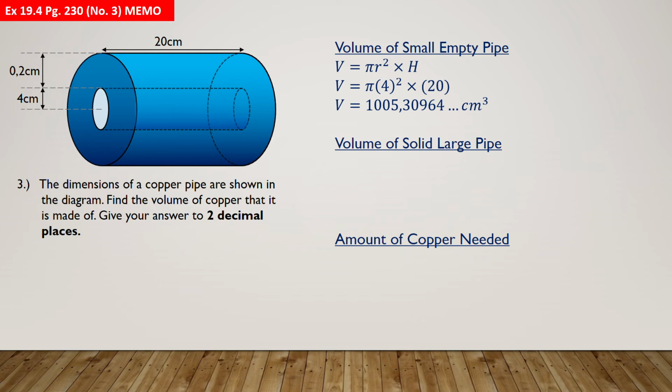Then I'm going to calculate the large solid pipe. Imagining that this middle section is actually filled with copper also, I'm going to calculate the full cylinder, which means that my radius is going to be this whole length, so 4 plus 0,2, so 4,2 centimeters.